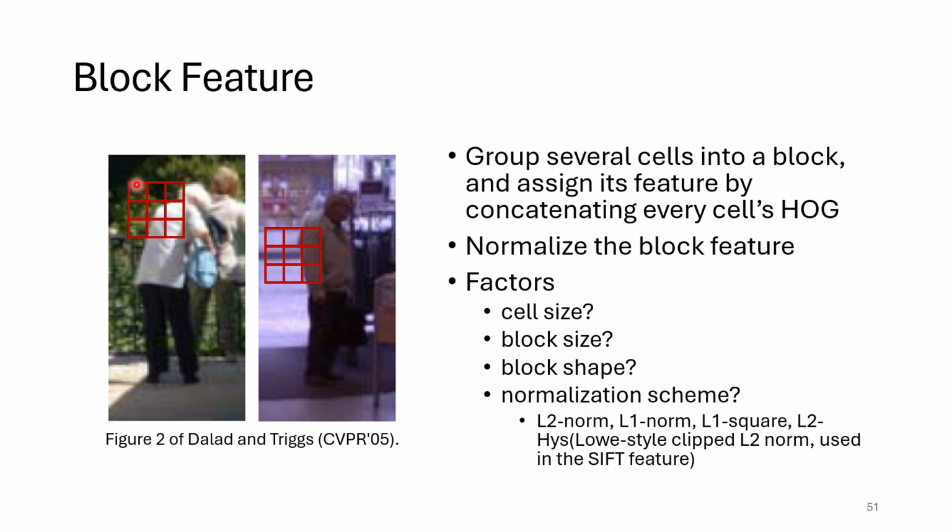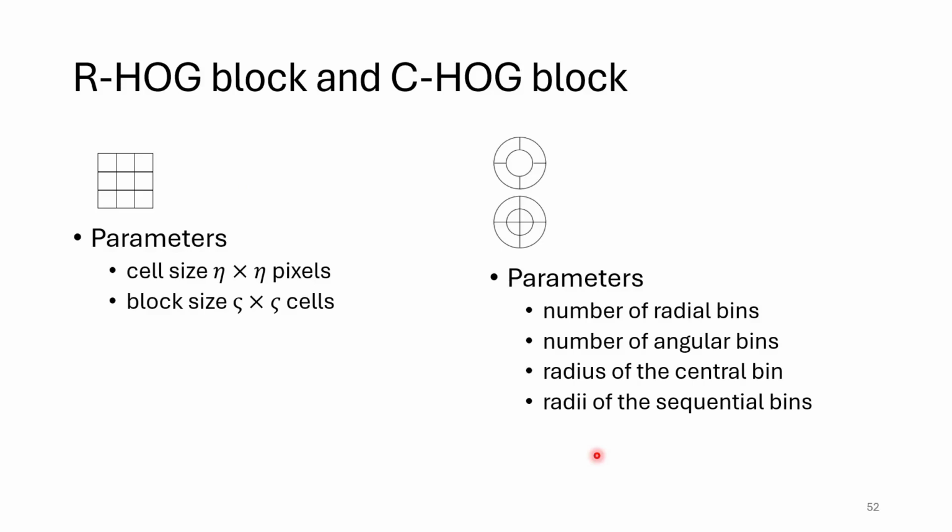But if they consider a block, the intensity of the gradient will be normalized by its surrounding cells. Of course, there are some factors. How large should the cell be? How large should the block be? What is the shape of the blocks? And how to normalize the block? Again, there are several choices.